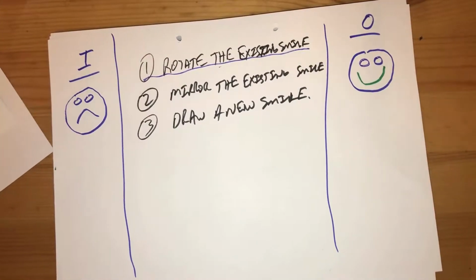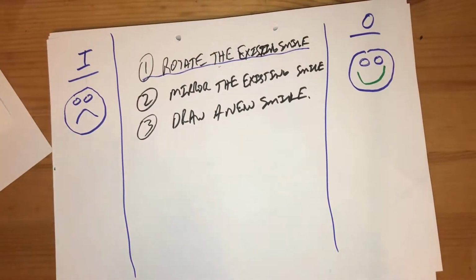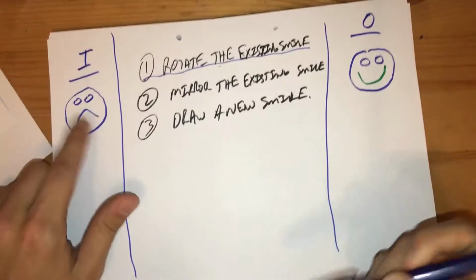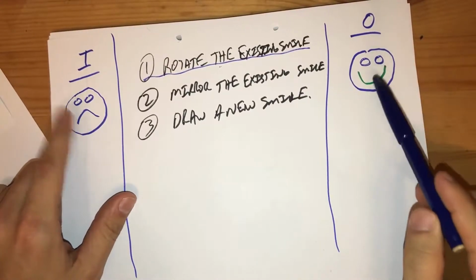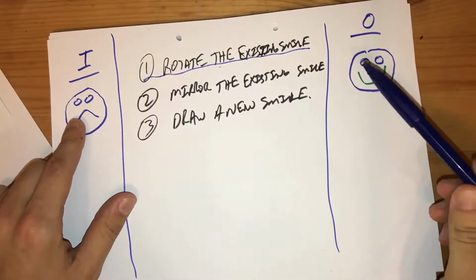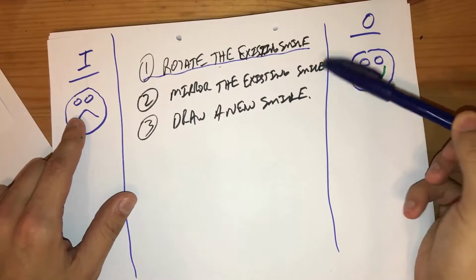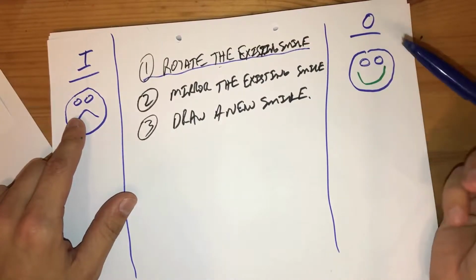So for file 4, it becomes interesting because we have to rewind all the way back to the beginning, recognizing that originally we had a not so happy face that looked like this, which inspired us to make the decision that we could rotate the smile, mirror the existing smile, or draw a new smile.